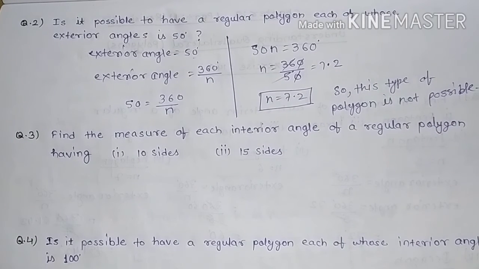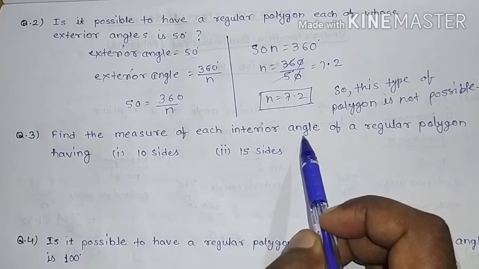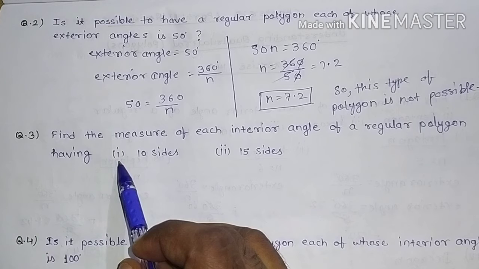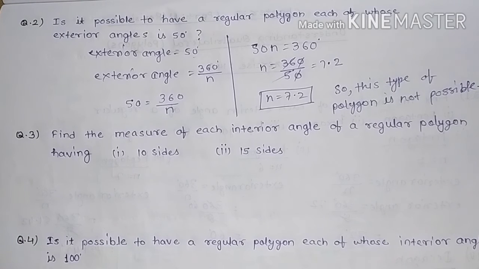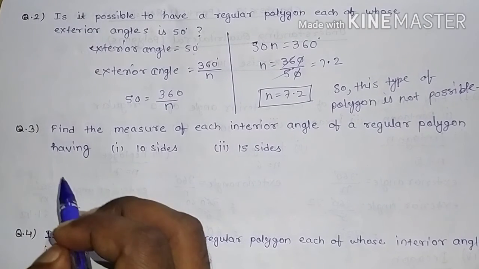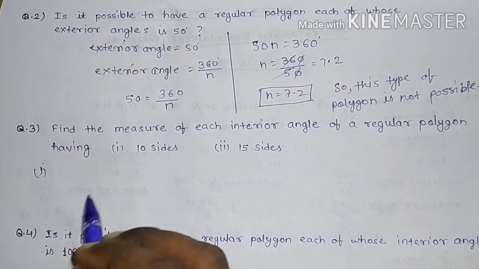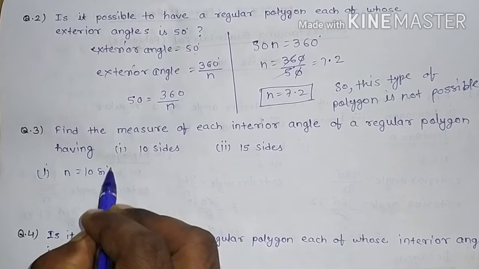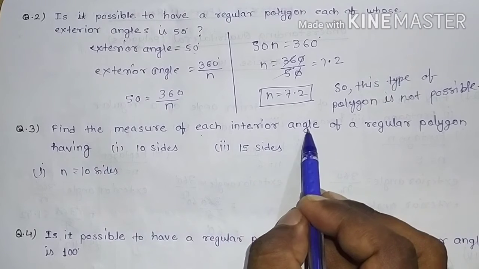Now the next question, question number 3: find the measure of each interior angle of a regular polygon having, first, 10 sides, and second, 15 sides. Now question number first: n equals 10 sides is given here, and we have to find each interior angle.